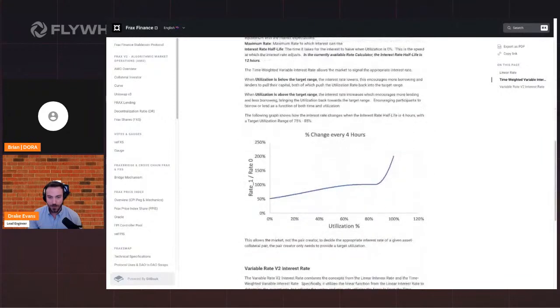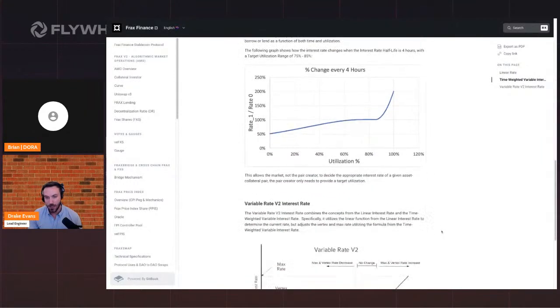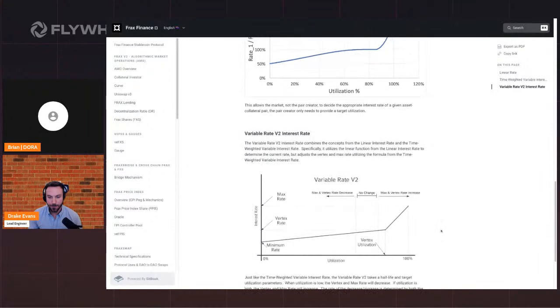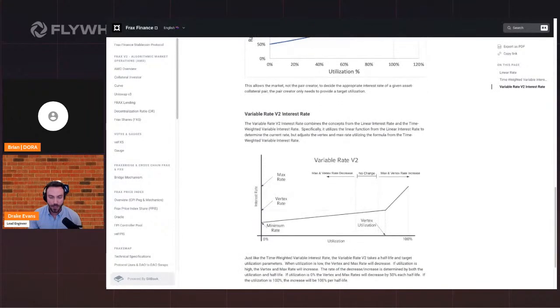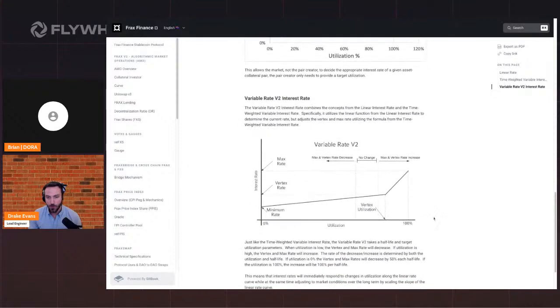What this basically means is that there's a shift over time, depending on the current utilization. So what the variable rate V2 interest rate curve does is a little bit of both. This curve itself actually shifts in response to market forces.